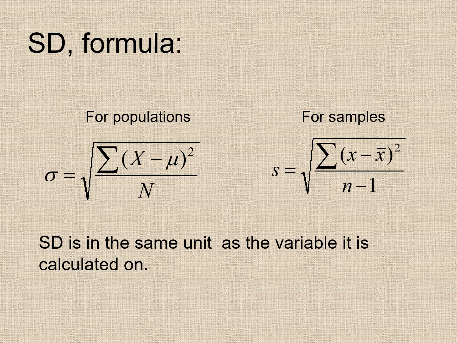So in that case, it would tell us that on average, the observed heights of these individuals deviate 0.1 meter from the group mean of 1.8 meters. And of course, that's the same thing. Okay, so the standard deviation will follow the scale we are using, and it will be in the same unit as the variable we are doing the calculations on.